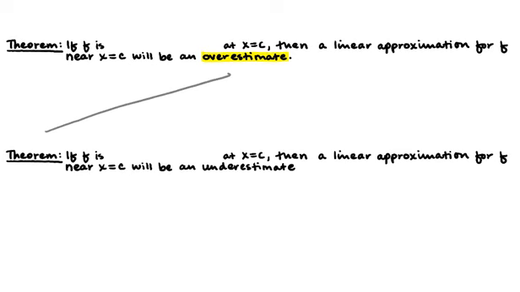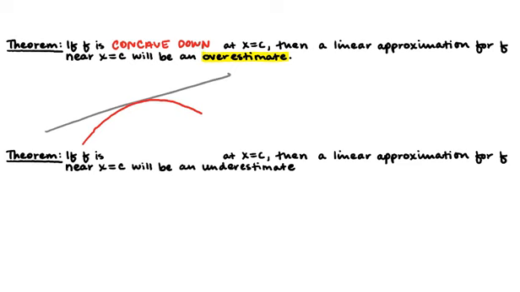Okay, I'll do the same. What are we noticing about the curve in terms of its curvature? It's concave down, yes. Okay, so I'll say if f is concave down, linear approximations are overestimates, at least near the point of tangency.